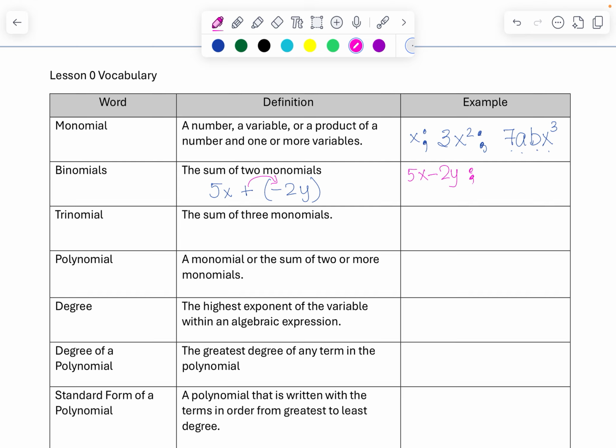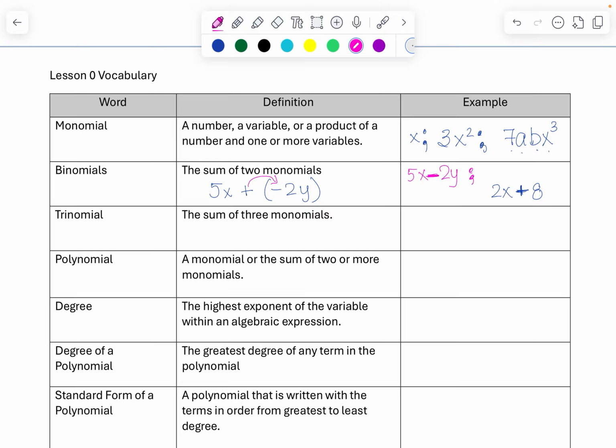Another binomial is something as simple as 2x plus 8. Notice how it is basically 2 monomials separated by an addition or subtraction sign. Again, you already know this.